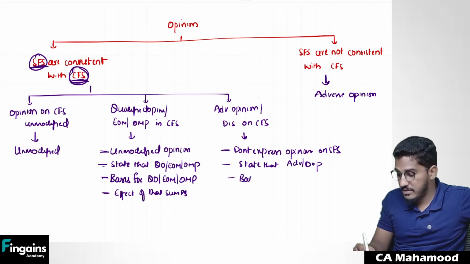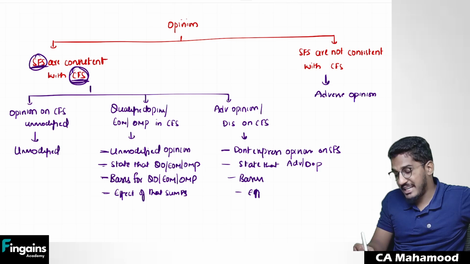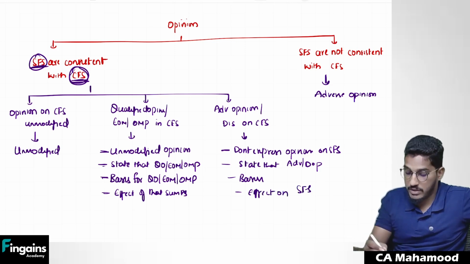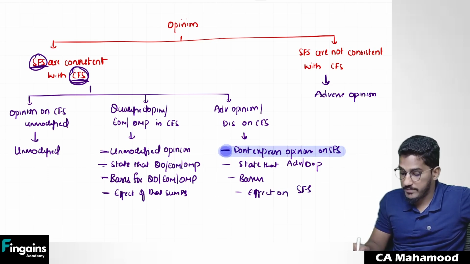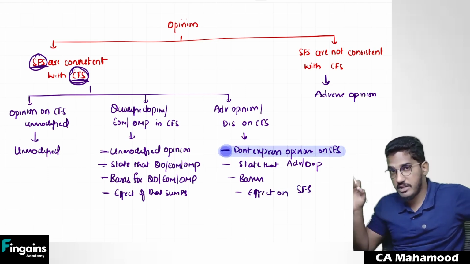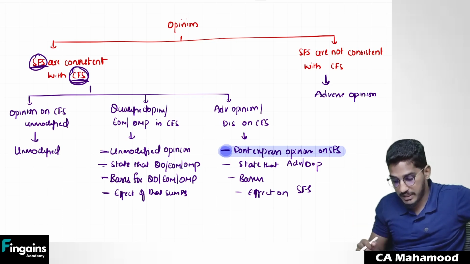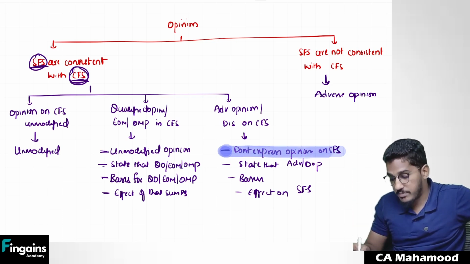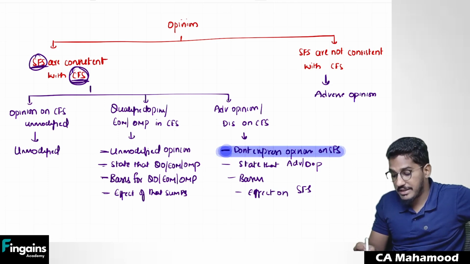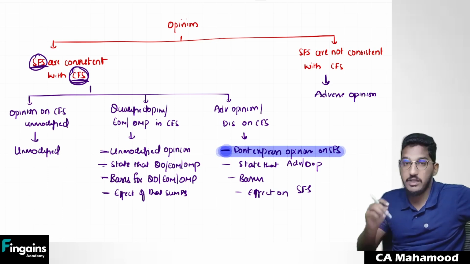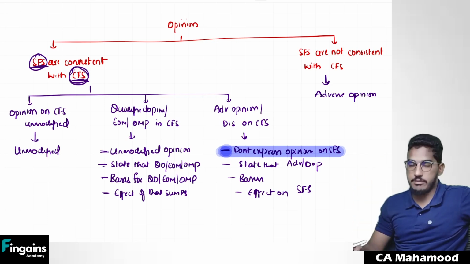Also explain the basis for that adverse opinion or disclaimer of opinion, and explain its effect on the summary financial statements. But the most important thing is that you should not express an opinion, even though the summary financial statements are consistent with the complete financial statements, in case there is an adverse opinion or disclaimer of opinion on the complete financial statements.